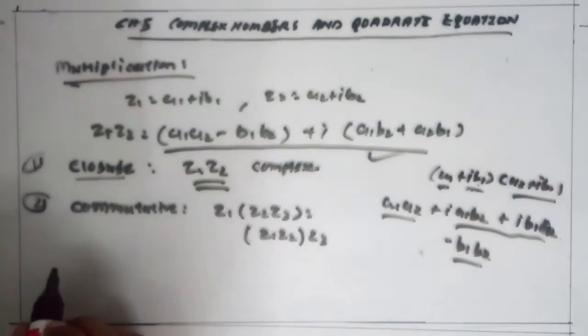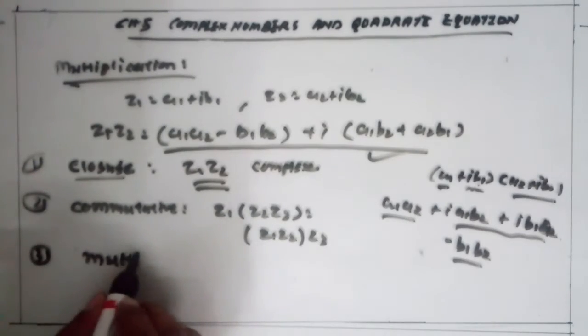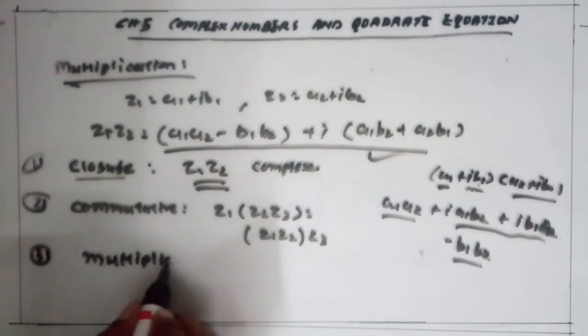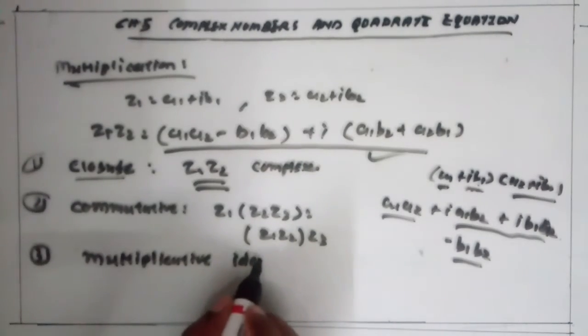Now, multiplicative identity. Number three, multiplicative identity.